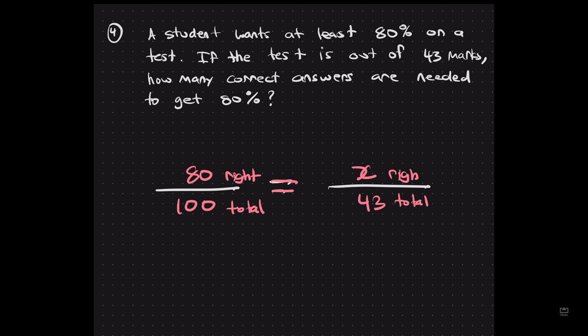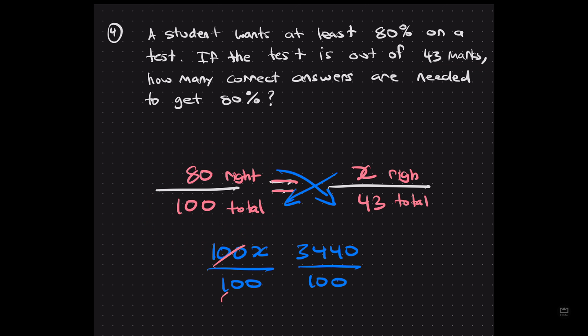So again, we cross multiply. X times 100 is 100x. 80 times 43 is going to be 3,440. Divide by 100 to isolate the x, and we end up with 34.4.